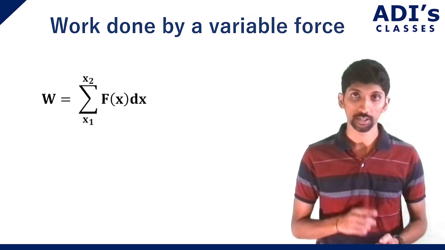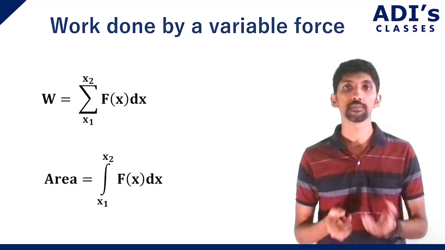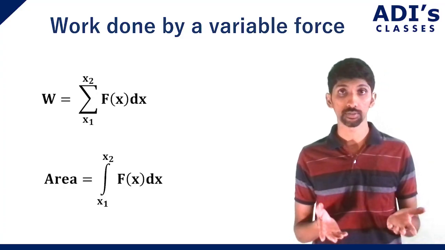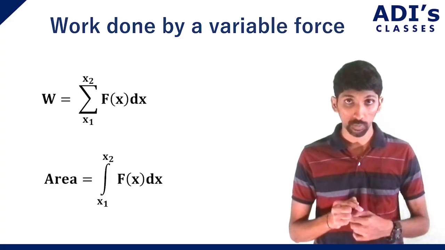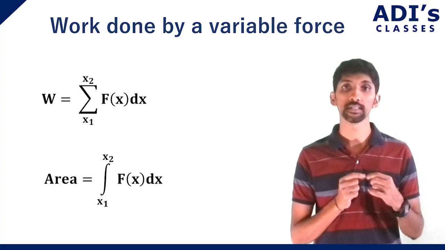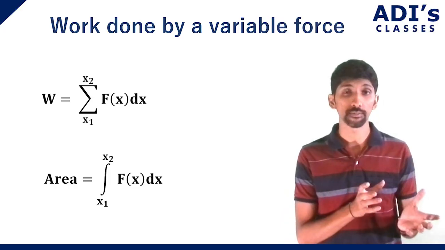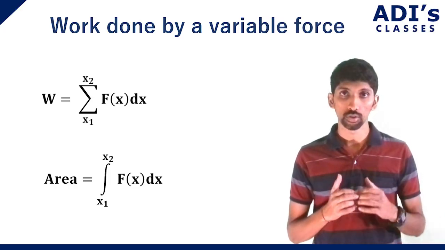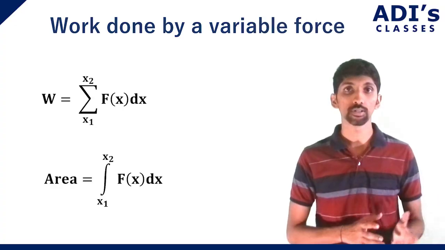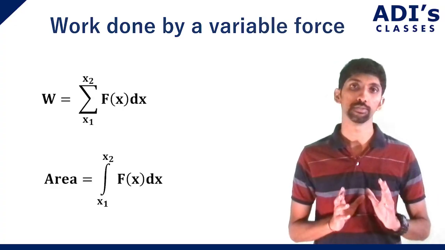So the integration of y dx. From which point to which point are we choosing? From x1 to x2. So the integral of y dx from x1 to x2. x1 is the lower limit, x2 is the upper limit. This will give you the whole area under the curve. So the area A is equal to the integral of f of x dx from x1 to x2.